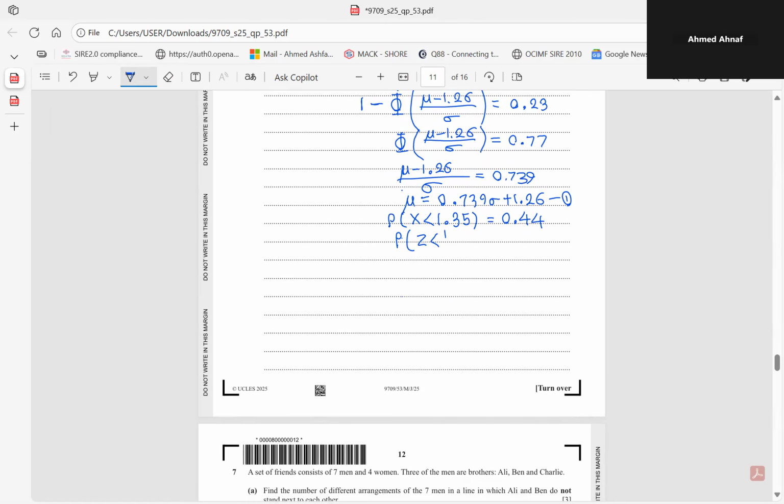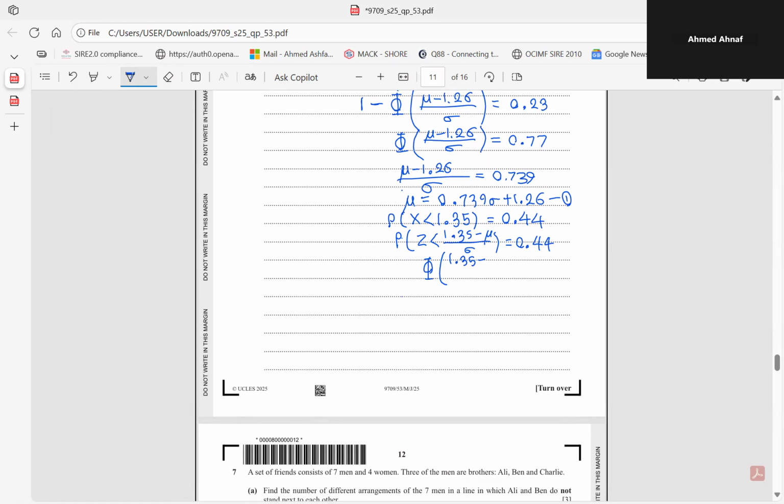Z is (1.35 minus mu) over sigma, so this would give you phi of (1.35 minus mu) over sigma equals 0.44. And since again the probability here is less than 0.5, this phi value is actually negative.